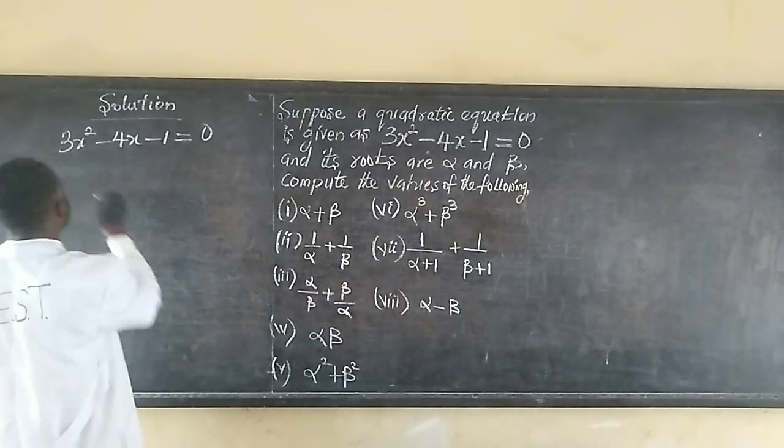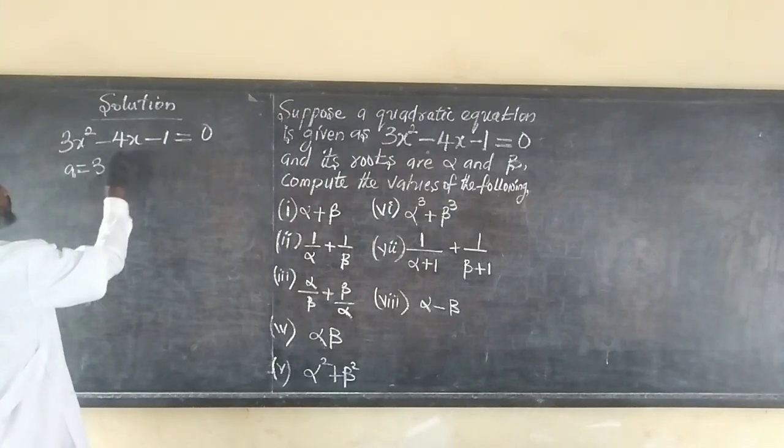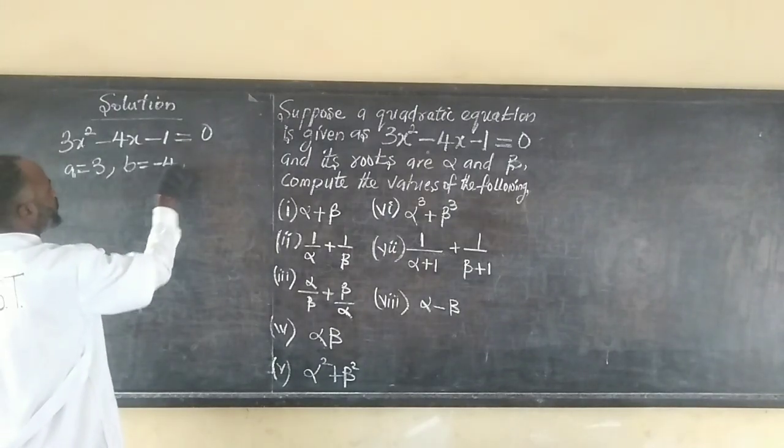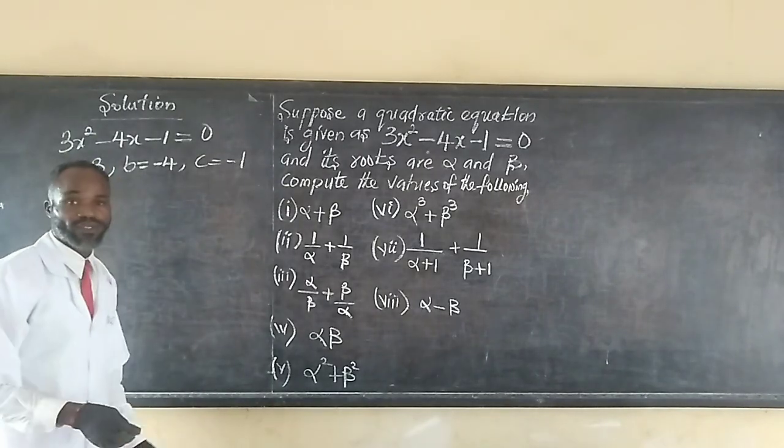Now, a here is equal to 3, b is equal to minus 4, and then c is equal to minus 1, respectively.